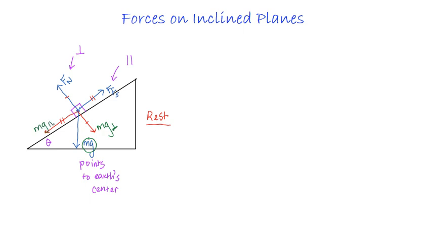Now the reason we're calling them perpendicular and parallel is because they're perpendicular to the surface or parallel to the surface. So now I can step to the side here and actually try to write out a net force equation or a force summation. So I can say that mg parallel minus the force of friction equals 0 net force.